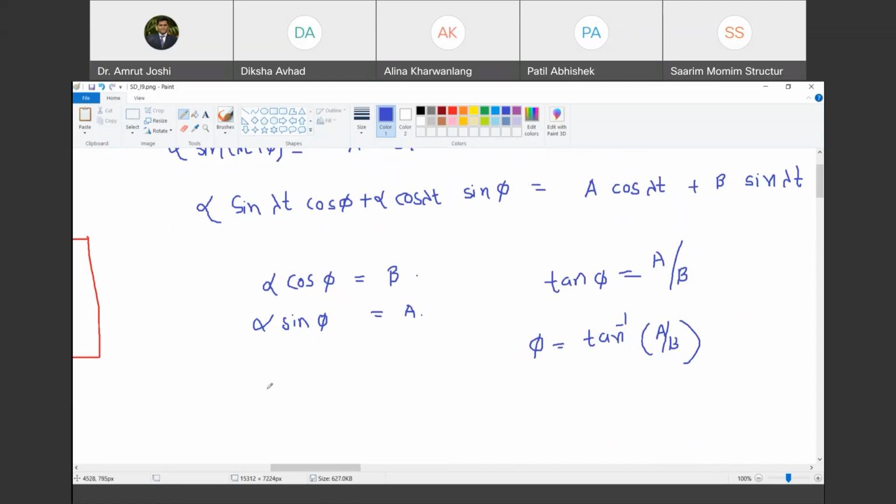So what do I get? Alpha square is equal to A square plus B square. I'm sorry, B square. Happy? So what is the value of alpha? Alpha is equal to square root of A square plus B square. Are you with me? ये दिमाग में रखना.